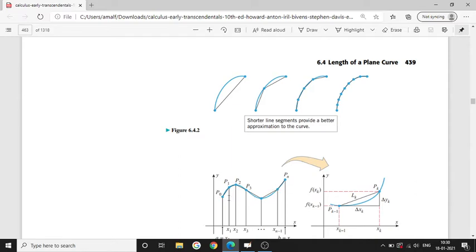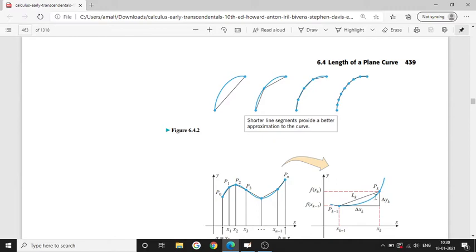So let me take one such polygonal path. Now take one such subinterval. So you have a subinterval which is having the endpoints as xk minus 1 and xk. Corresponding to that you will get the points pk minus 1 and pk. Now this is the line which is joining pk minus 1 and pk.